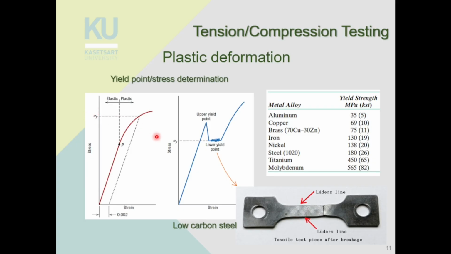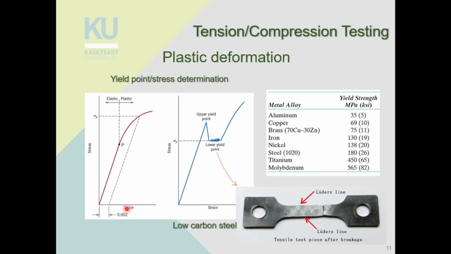Yield strength of a material is defined as the stress at which you get a noticeable permanent deformation of a material. But there was a debate: what is noticeable? 150 or 200 years ago, there was a debate about how much strain is noticeable. It depended on the resolution of the measuring tools at that time, and they came to a conclusion that a strain of 0.002 is quite measurable with the tools at that time.